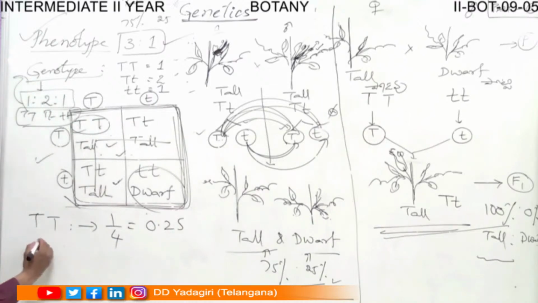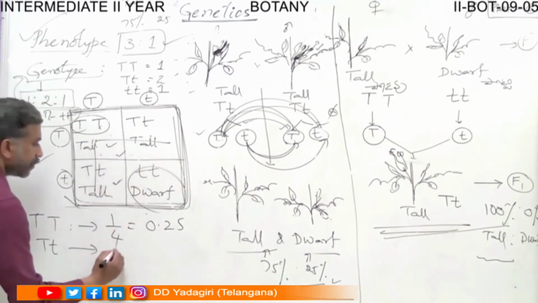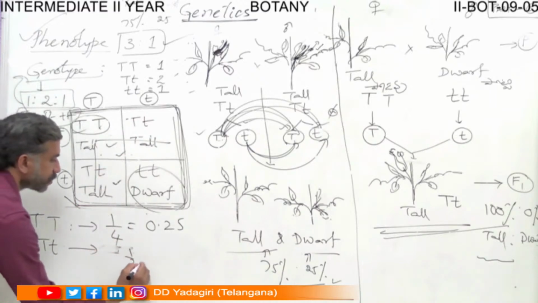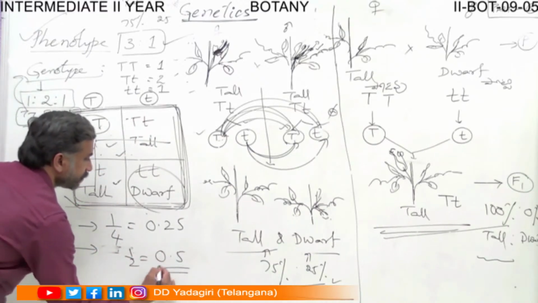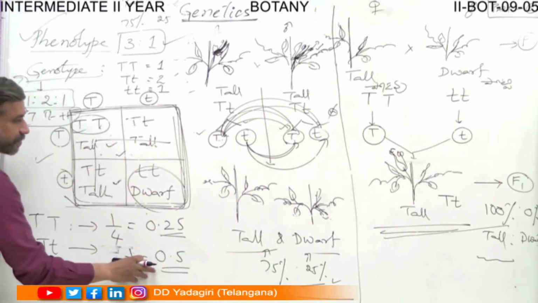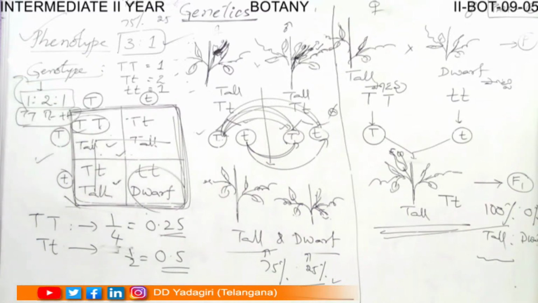Whereas the probability of heterozygous tall plants is 1/4 plus 1/4, which becomes 1/2, that is 0.5.